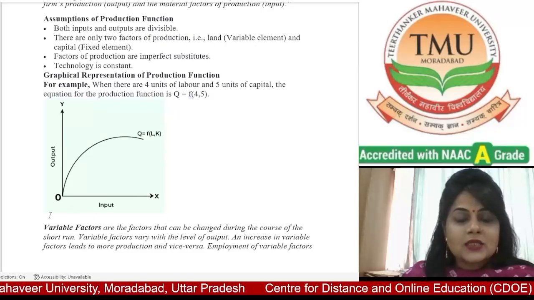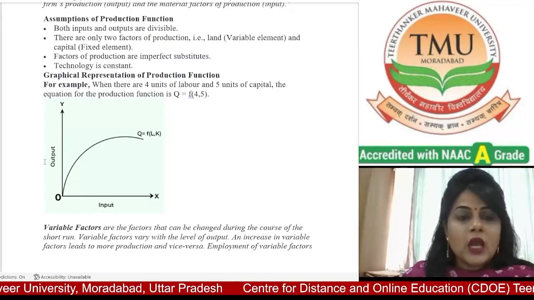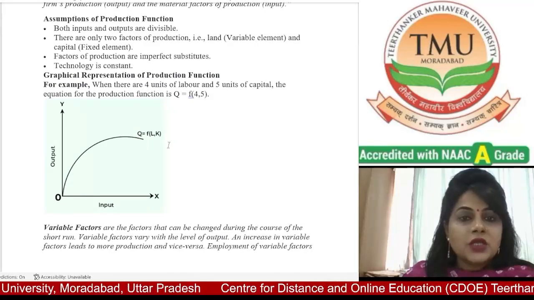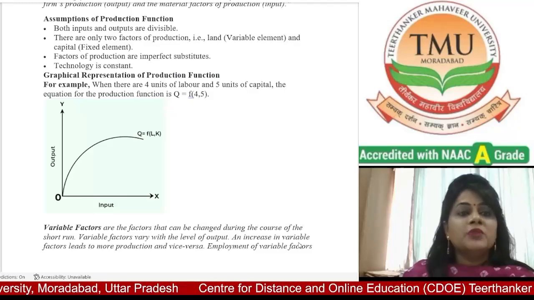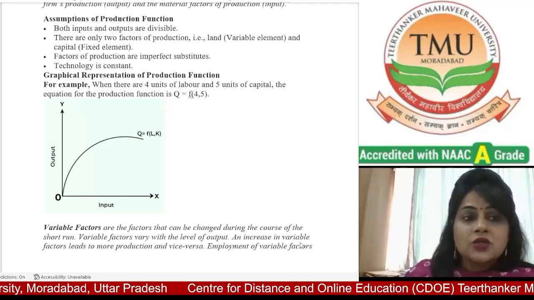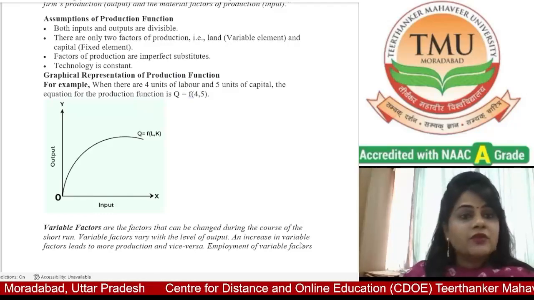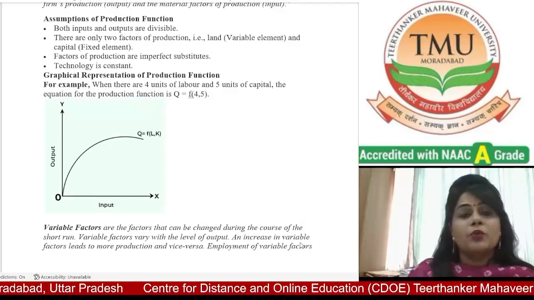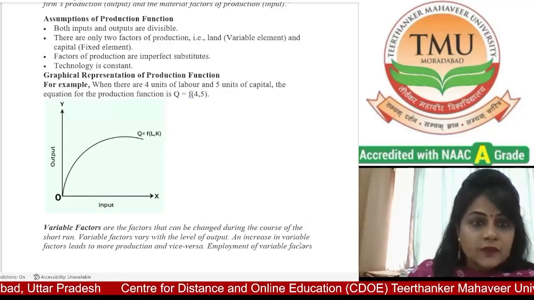On the X axis we put inputs and on the Y axis we take outputs. So Q is a function of L and K. Production function means a mathematical equation and graphical representation of the relation between the tangible inputs and tangible outputs of a firm during the production of goods.